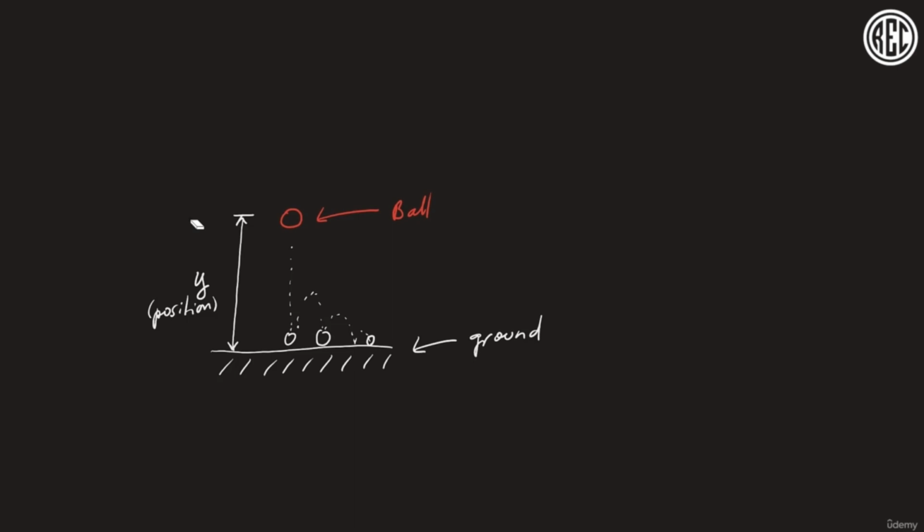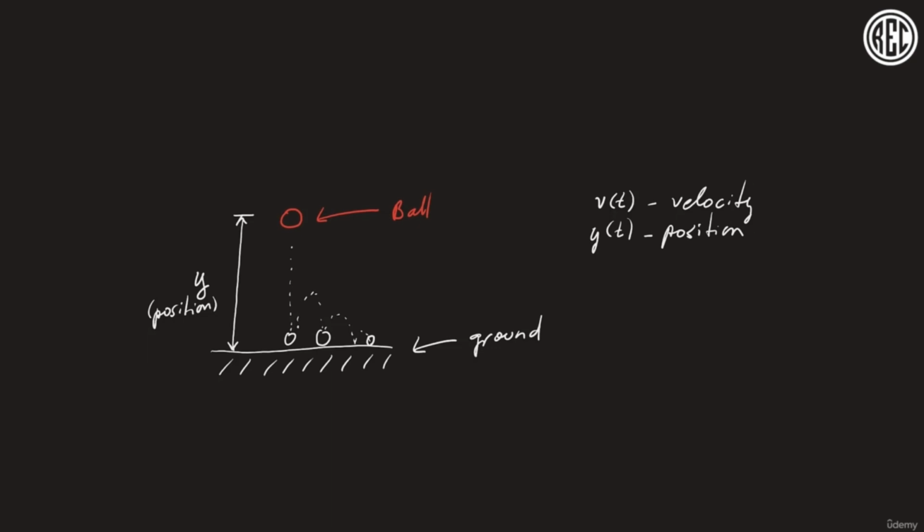So there's going to be two equations that we're going to define for this problem. One is the rate of change of the velocity with respect to time. Again, we have two variables over here. We're going to have v of t, which is going to be the velocity, and we're going to have y of t, which is going to be the position, essentially the height at which the ball is above the ground.